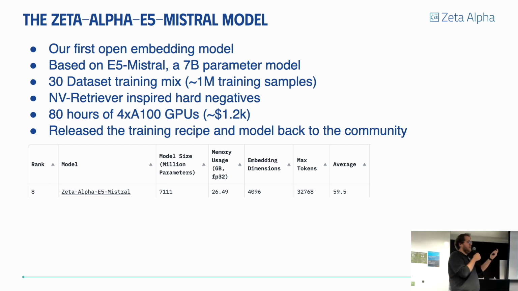Then they have a ranking of the models. This model got number 8 on the retrieval portion of the benchmark, which was basically our goal, to get in the top 10 with our first public model. So it's actually quite good. It's a good retriever, a good embedding model, to be honest.